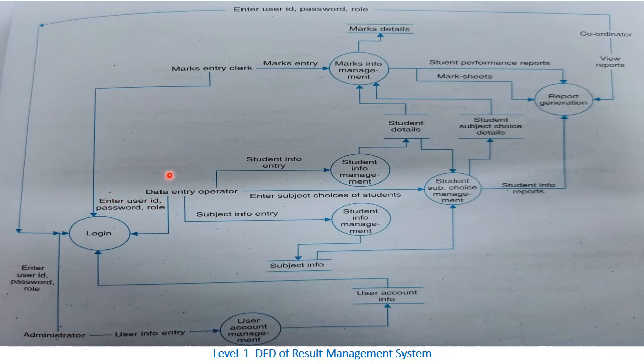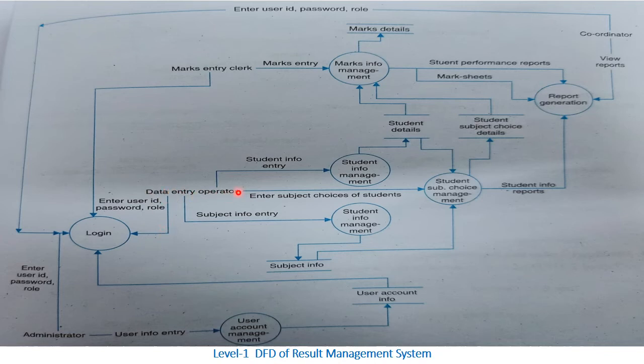So you can see here all the users: the marks entry operator is a user, the data entry operator is another user, and the coordinator is another user, and everyone needs to enter their user ID and password through this login process. After that this process will verify the details entered by the user against the details that we have in this user account information table, and after that the user will get permission to access the facilities of this software.